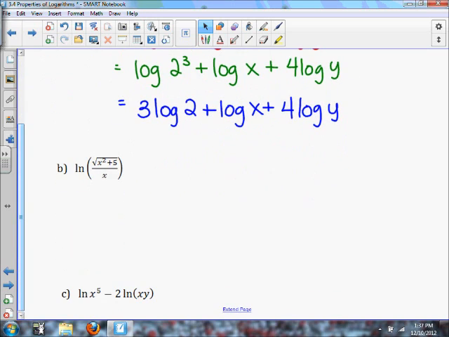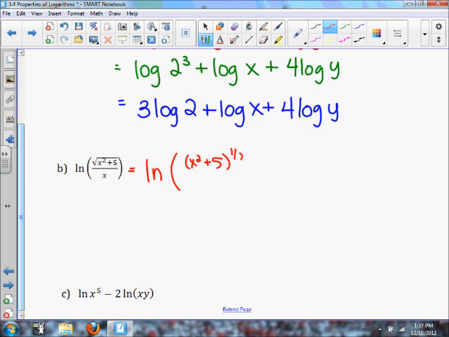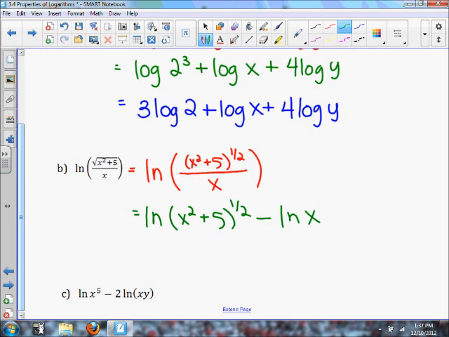Moving on to B, this is a natural log form. So what we can do, we'd have something like this, change the square root into a 1/2. So what I can have is natural log of x squared plus 5 to the 1/2 power minus natural log of x.